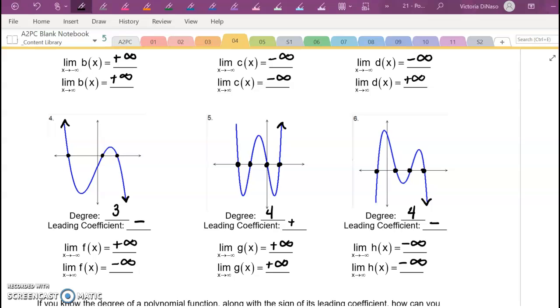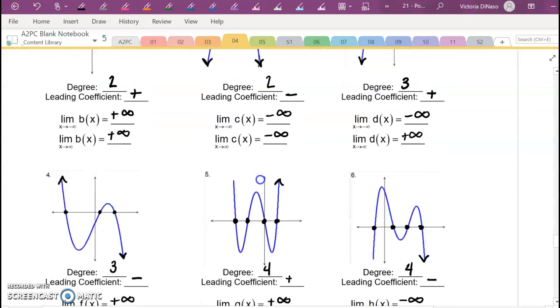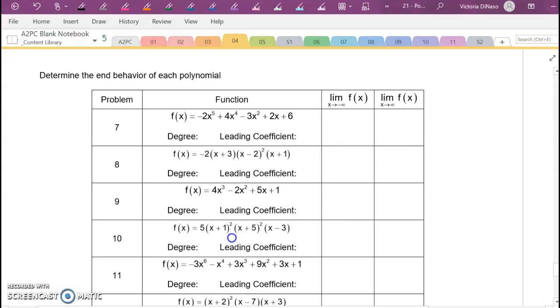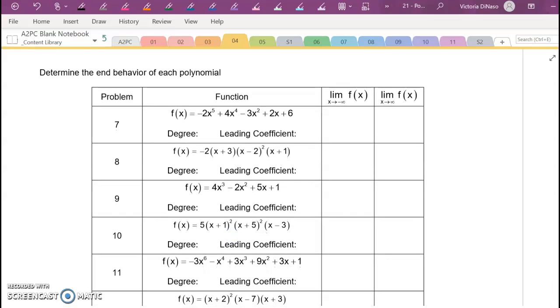Now this all relates even when we're not looking at graphs, when we're looking at just the function. So we're always going to start with the right-hand side. This is where my leading coefficient comes into play. Depending on if the degree is an even number, they're going to be the same. If the degree is odd, then they're going to be opposite of one another.